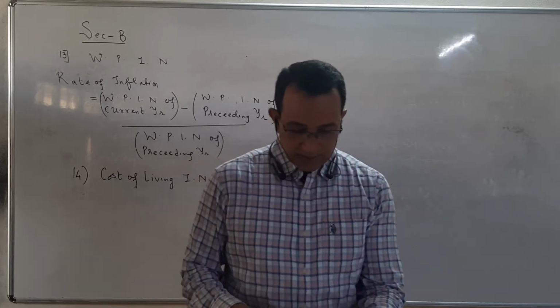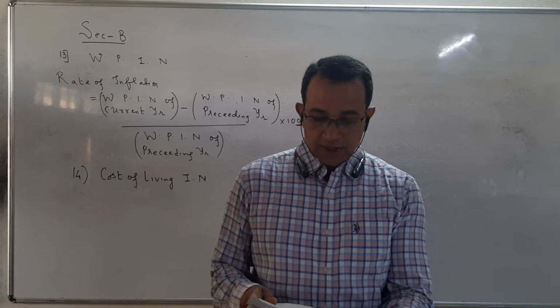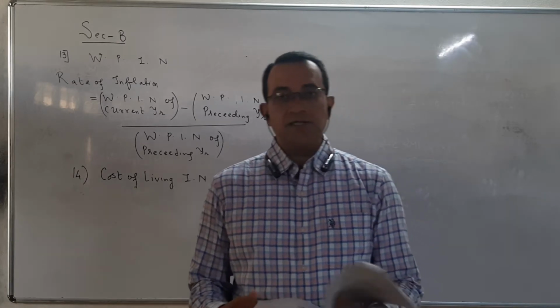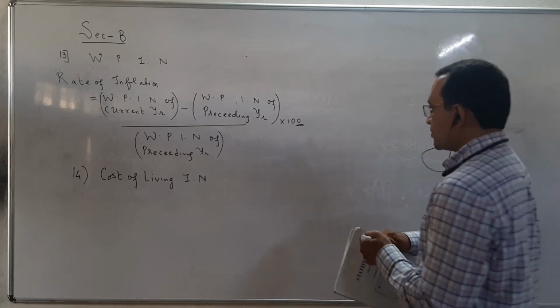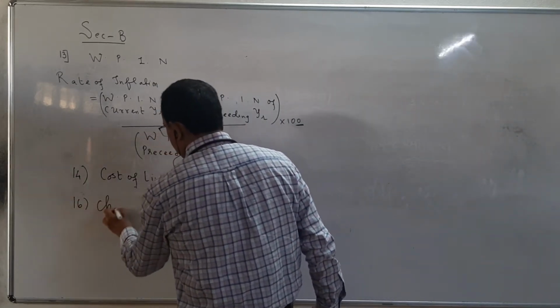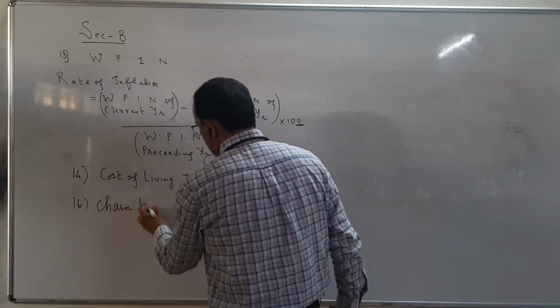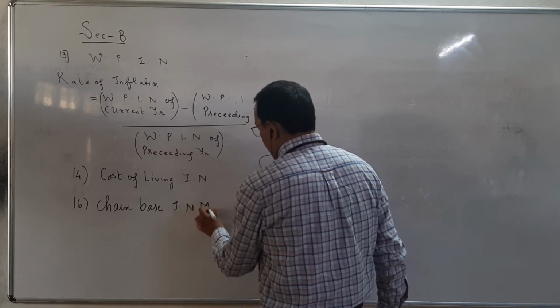Then 16. In which method does the base year change each year? Of course, the answer is chain base index number. Answer 16, students. The answer is chain base index number method.